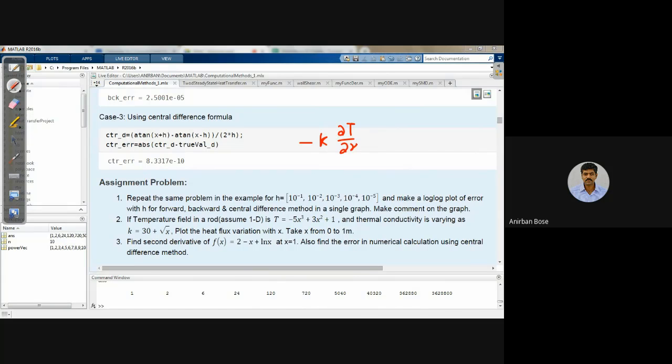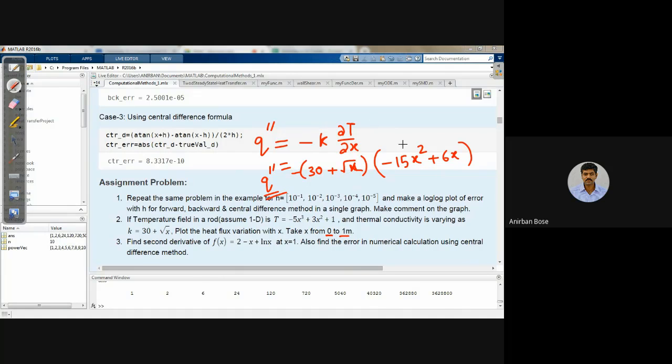So just do del T del x and put in the values, and you will get the expression of heat flux, with k as 30 plus square root of x and del T del x as minus 15 x square plus 6x. It is as simple as that. So heat flux will vary in this way. Now if you change the value of x from 0 to 1, for each x you will get the heat flux.